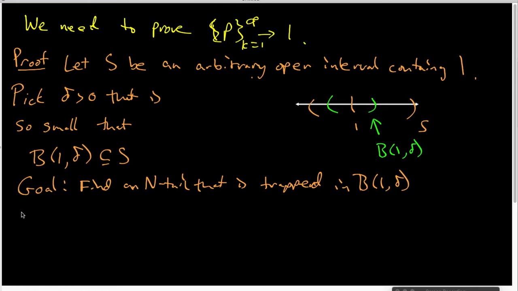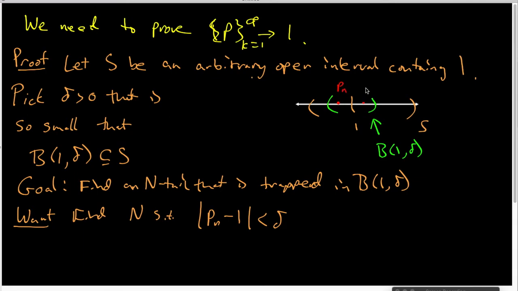To trap the tail inside that delta ball, what I want is to find a capital N such that the distance between P_n and 1 is less than delta. And I know that that's what I'm wanting to do, because what I'm wanting is P_n to be somewhere inside this delta ball. I don't care which side of 1 that P_n is on.